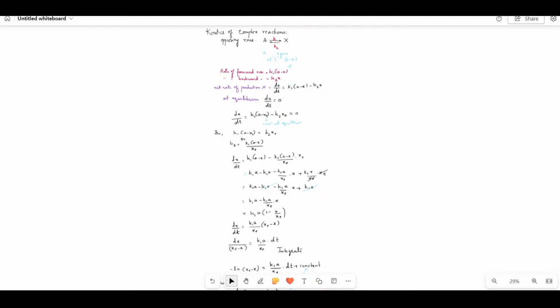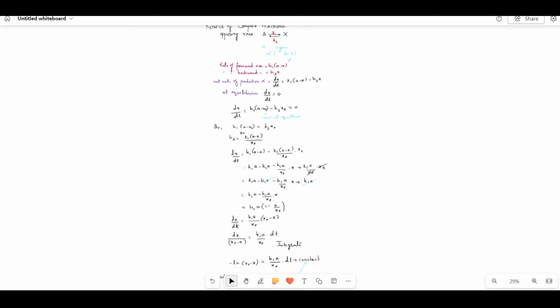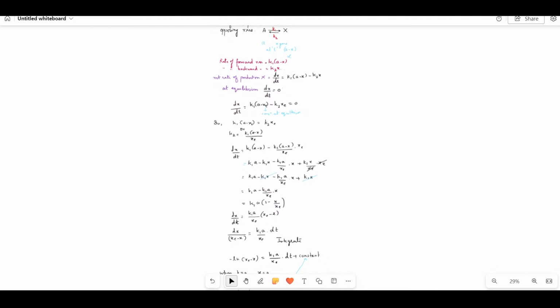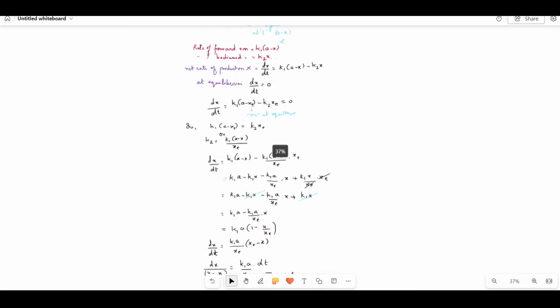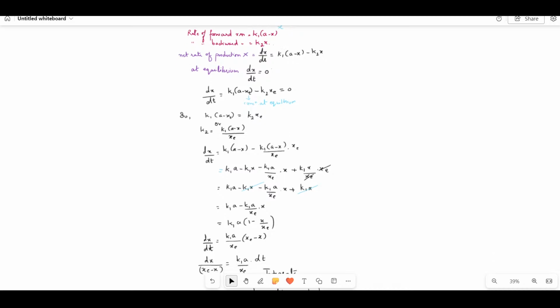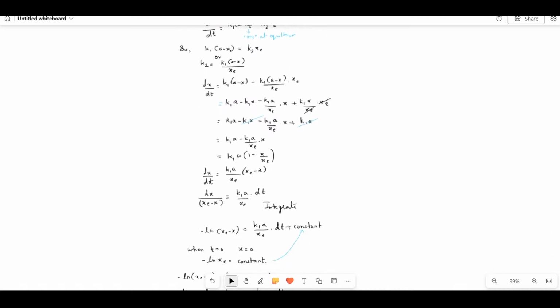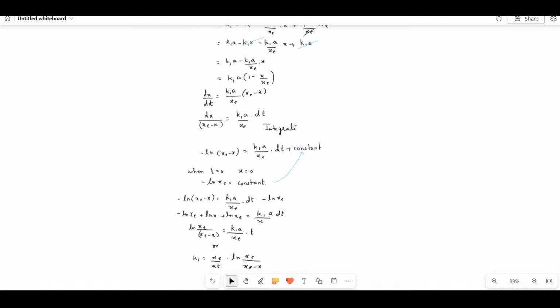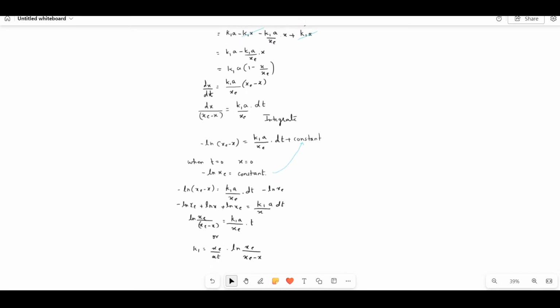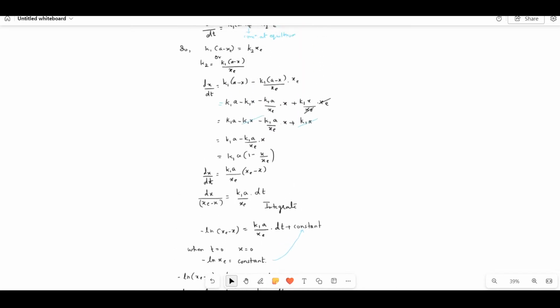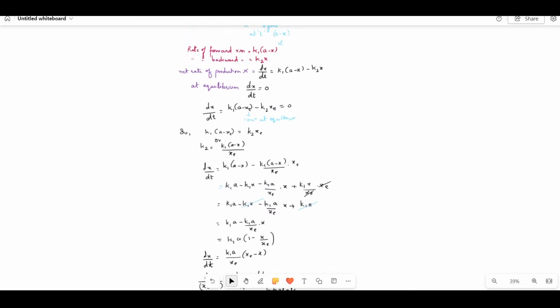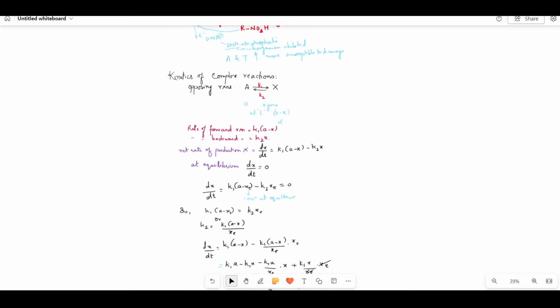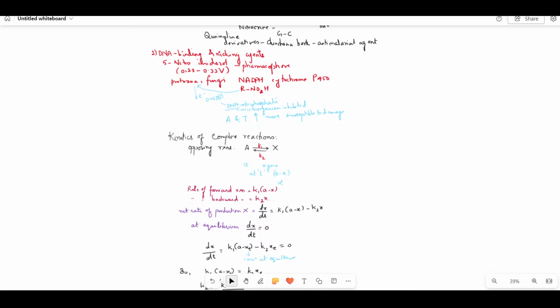In the subunit opposing reactions, we have been able to find out this formula for any reversible reaction going in equilibrium. We'll continue with this topic in our next class. That's it for today. Thanks for watching.